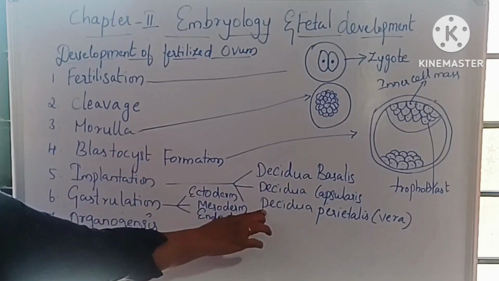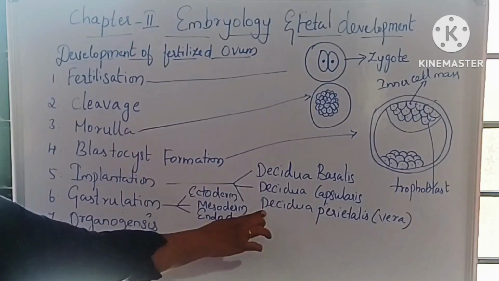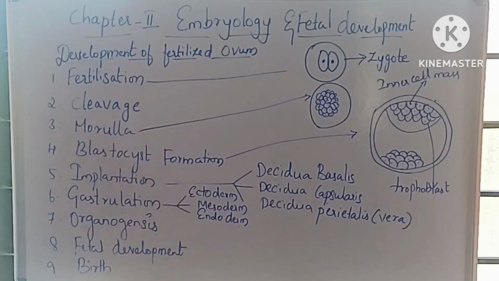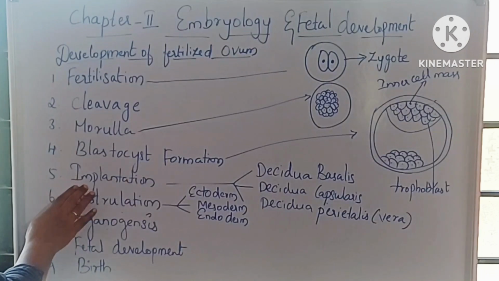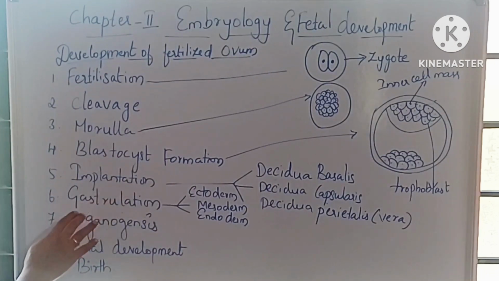Decidua vera is lining support of the embryo. This is about implantation.